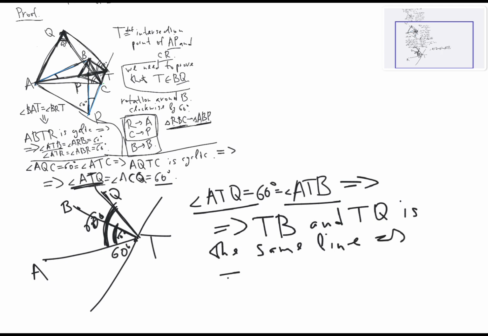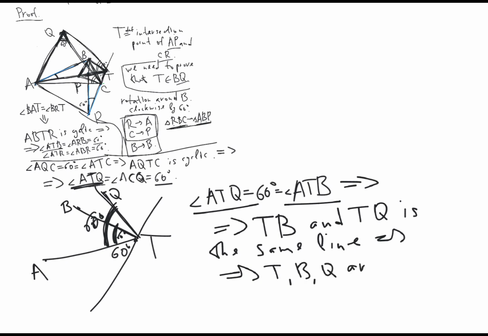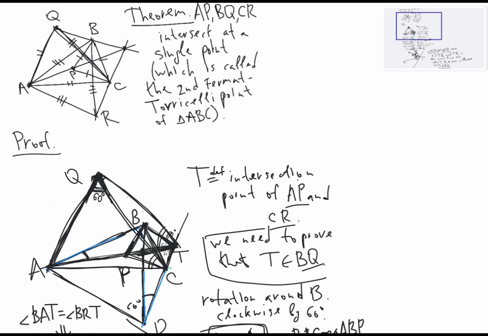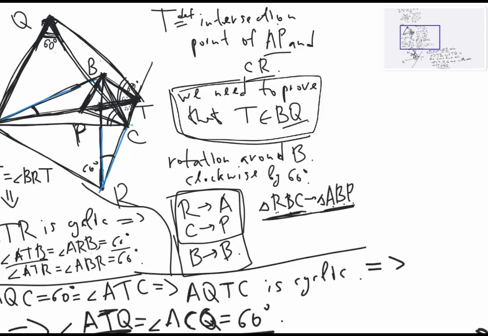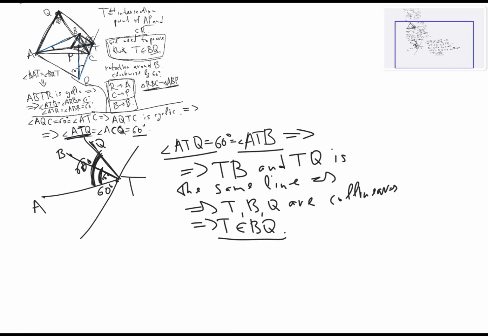In other words, these three points T, B, Q are collinear. Another way to put it is that T belongs on the line BQ. And this is exactly what we needed to prove: that T belongs on BQ. So this is what we proved.